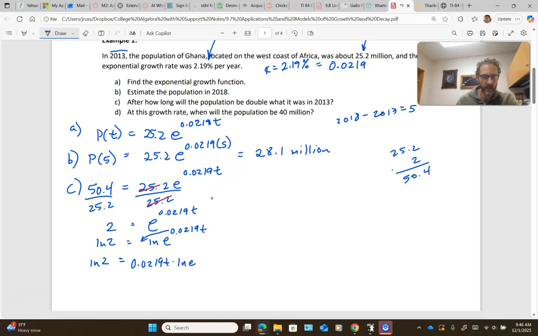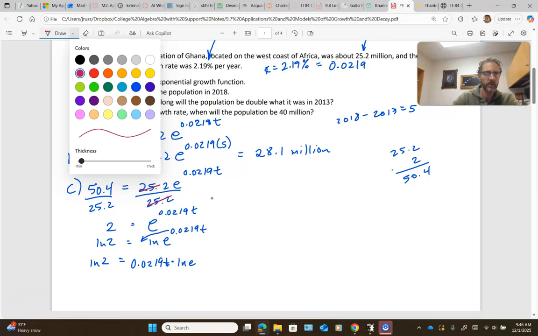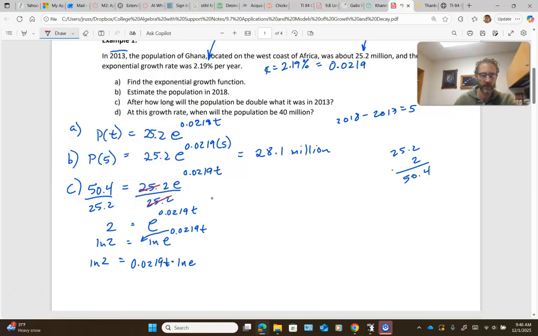Okay. Well, if you recall from 9.6, the natural log of e is 1. That's what's nice about using the natural log. And so you can just cross that out, because 1 times this other factor is just this other factor.